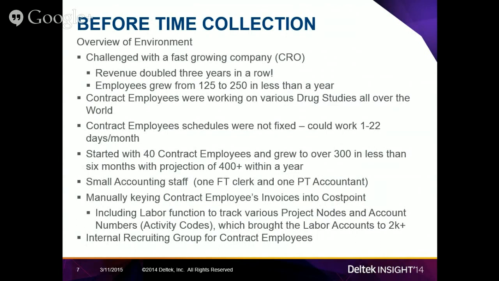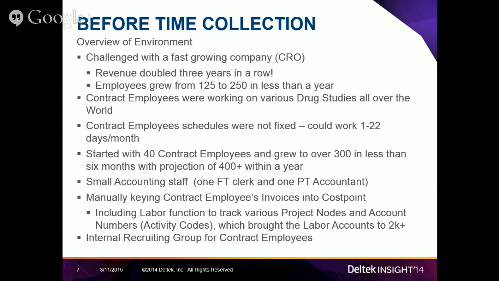What was going on is we were actually keying in all these invoices for contract employees directly into the AP section, going into the labor portion of AP. As we started out originally with 40 contract employees, it was taking probably pretty close to a full-time equivalent in order to get all that done on a regular basis.